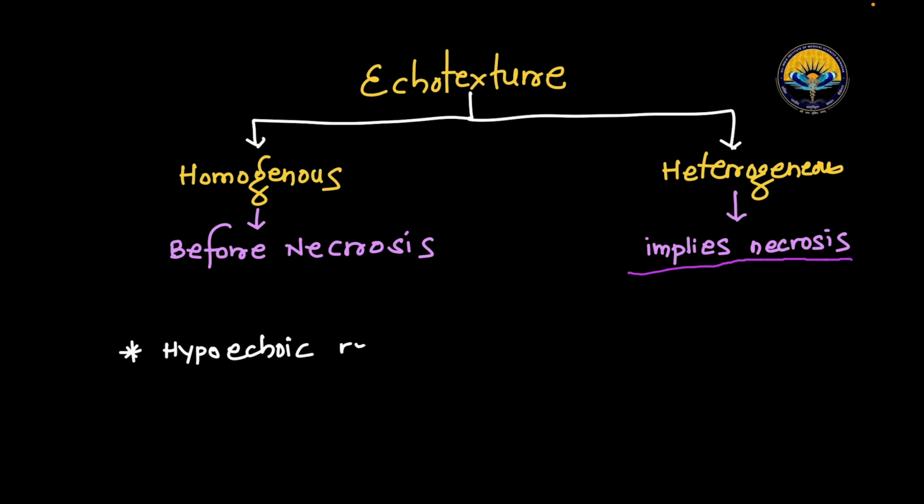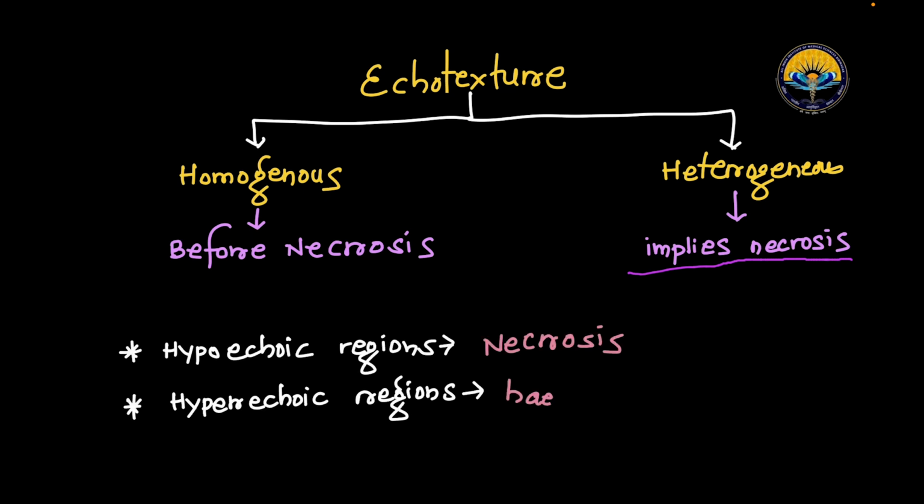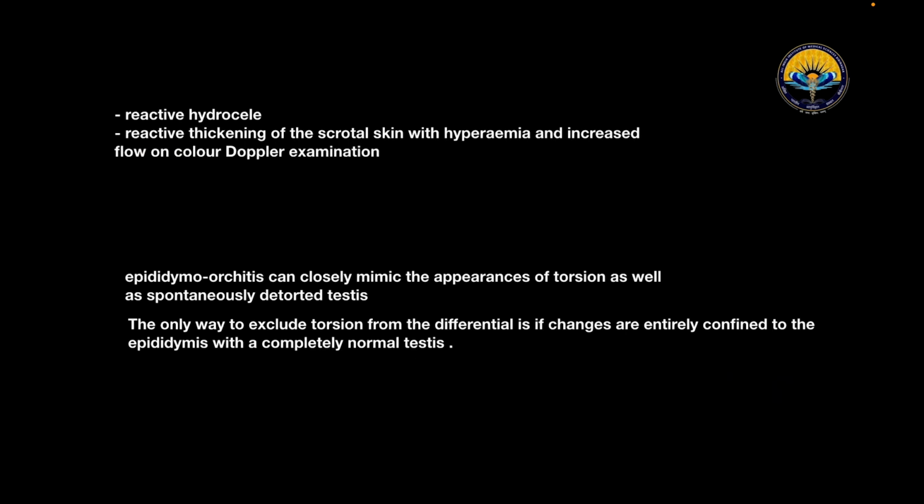Hypoechoic regions represent necrosis, while hyperechoic regions represent hemorrhage if the testis is reperfused. There can be a reactive hydrocele, or reactive thickening of scrotal skin with hyperemia and increased flow on color examination. But before giving the diagnosis, note that it closely mimics epididymo-orchitis.